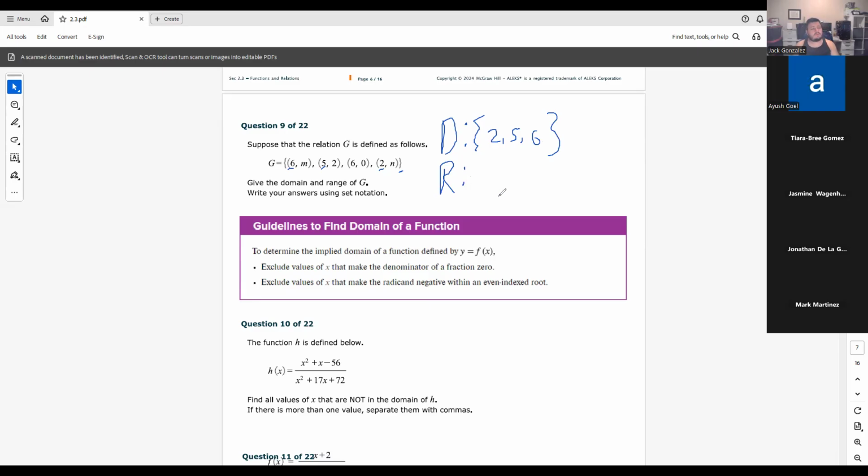Range would be all the y values. What are the y values?